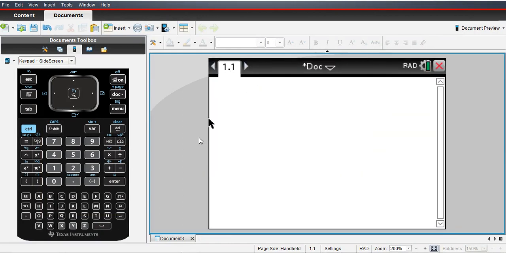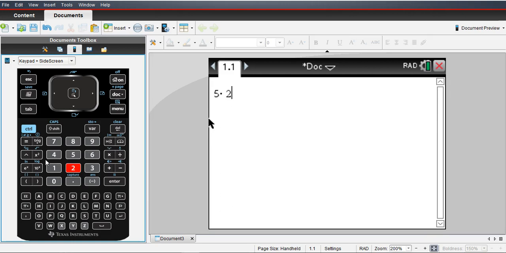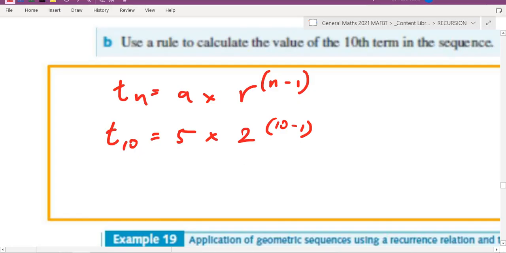If you put that in your calculator and type in 5 multiplied by 2 to the power of 10 minus 1, you get 2560. So that means the value of the 10th number is 2560.